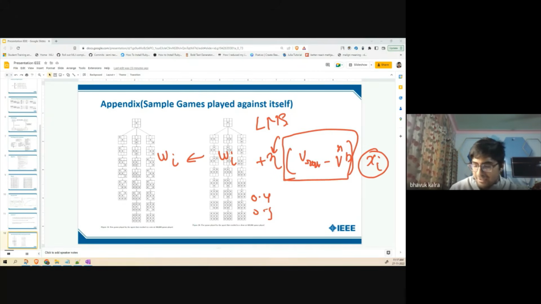V train is the ideal scenario, and V cap is our approximation. This is how the optimization happens at the end of the stage using least mean square.